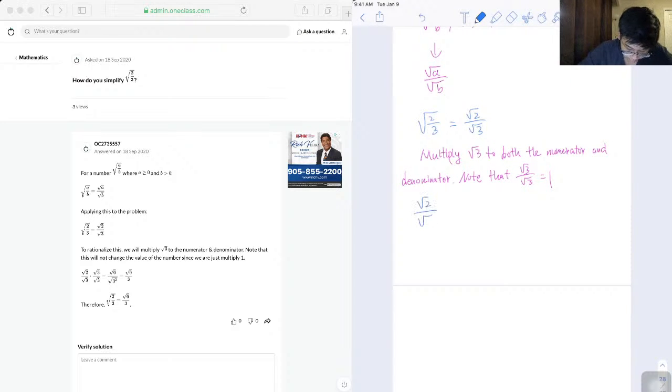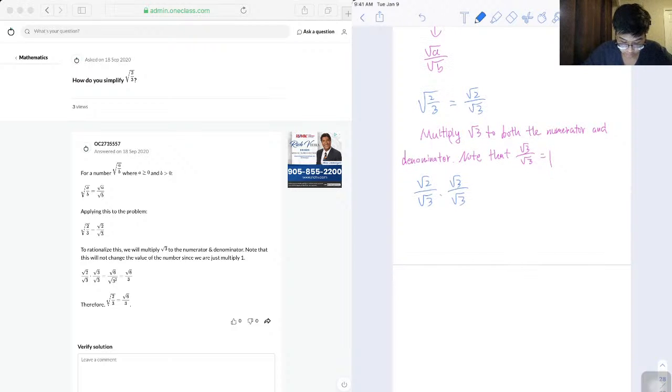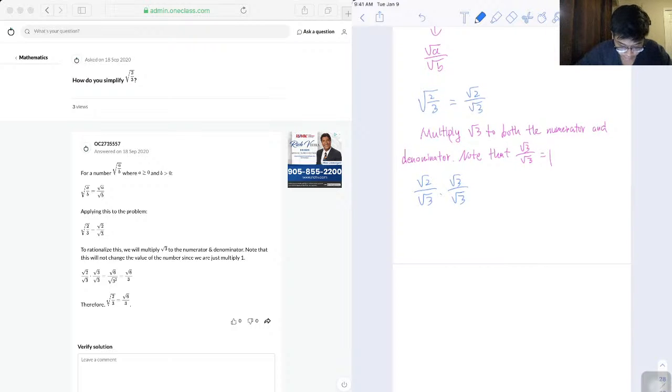So we just rewrite what we got from the last step. We times a root 3 over root 3, because we want to rationalize the denominator. But if we only do it on the denominator part, that will change the value of the fraction. So we need to do the same thing on the numerator as well.